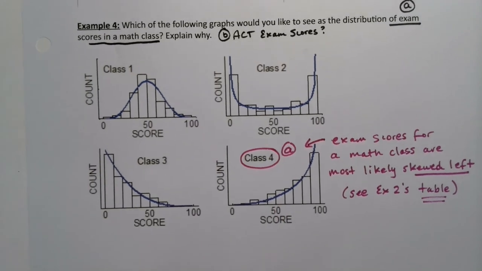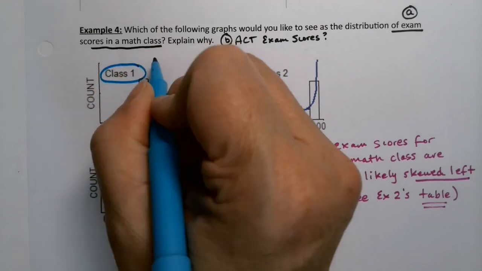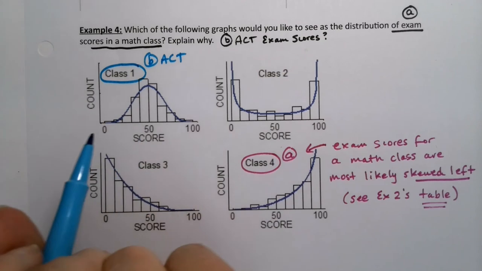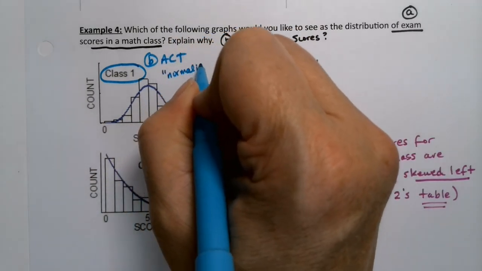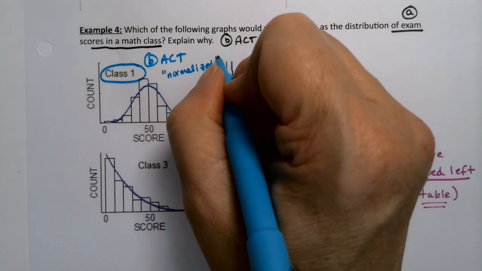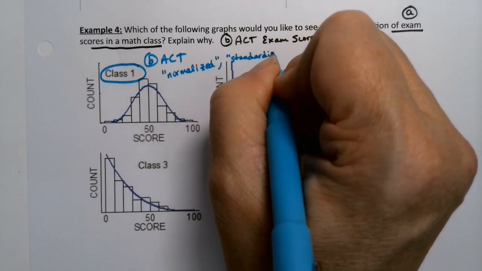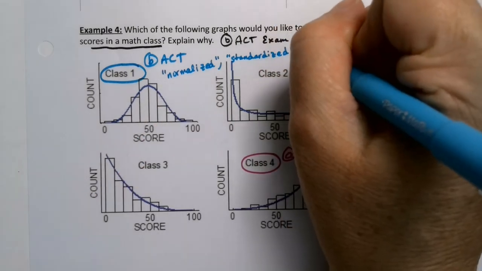Now, what about the ACT? The ACT is actually this one. So this is letter B, the ACT. And what they'll tell you when you take the ACT is that it's a, quote, normalized test. Or standardized, that's another word they'll use. What that means is that they design it so that it has this distribution.